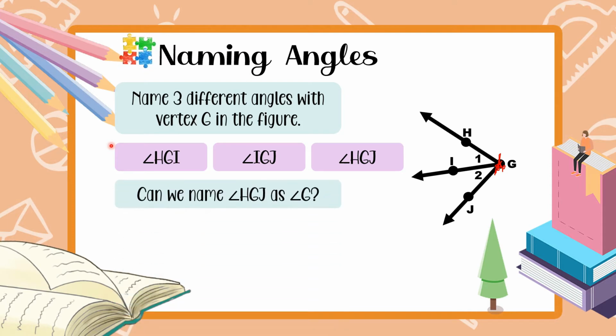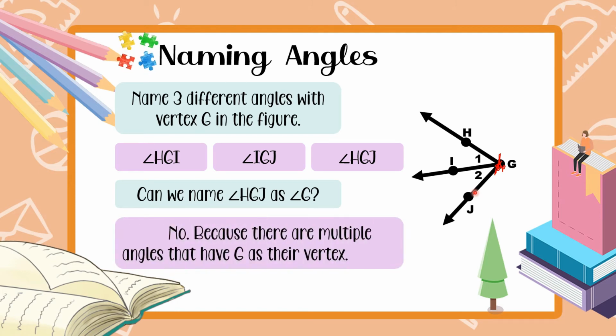Now, next question. Can we name HGJ as angle G? Pwede ba yon? Kasi kanina, yung mga example natin, pwedeng tawagin lang na angle A. Dito sa example na to, pwede kayang si HGJ ay tawagin na lang na angle G? In this case, we cannot call it angle G. Bakit? Because there are multiple angles that have G as their vertex.